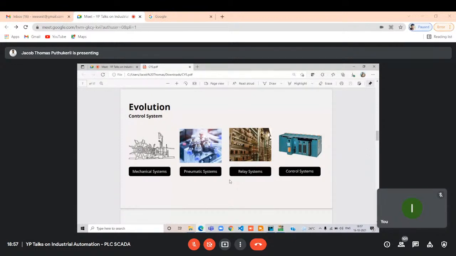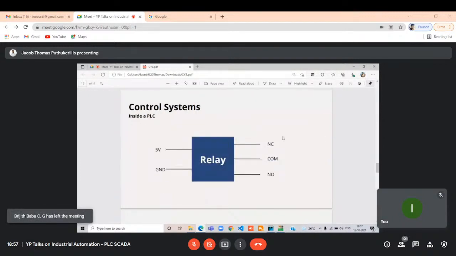So the relay system, as you all know, commonly has an NC, a common and an NO, and the actuating side. This is the actuating side and this is the output side. NC is normally closed and NO is normally open.